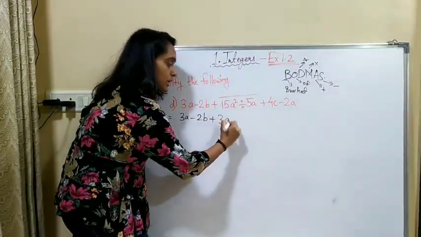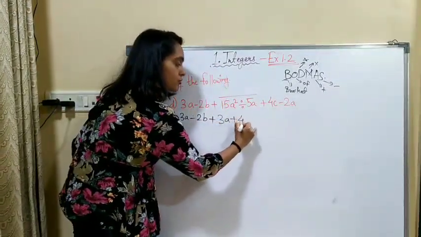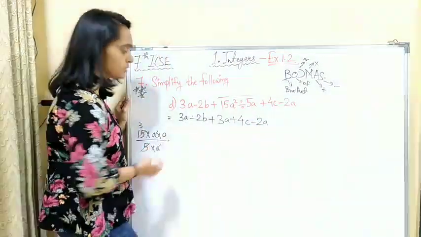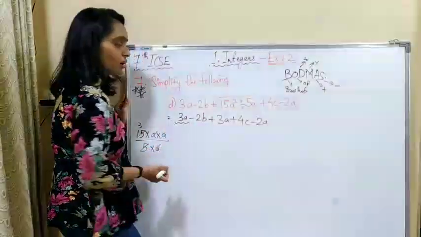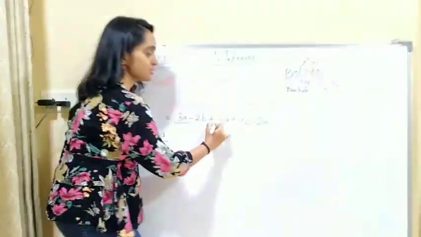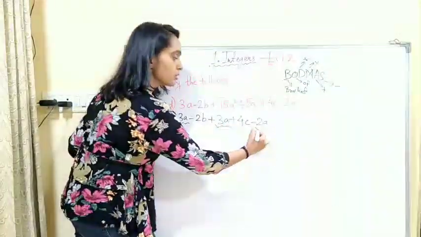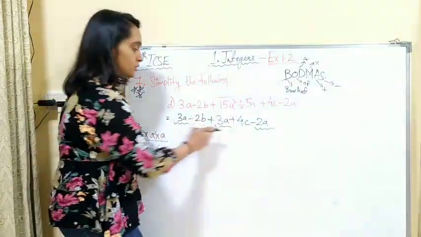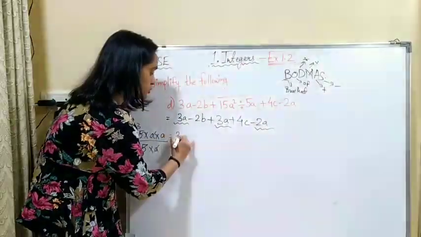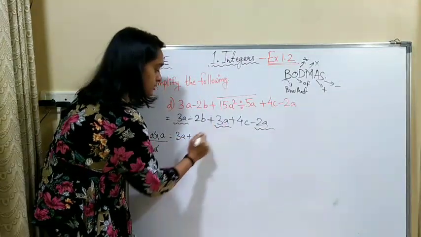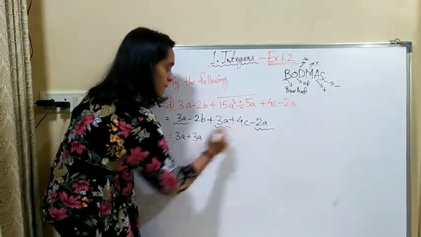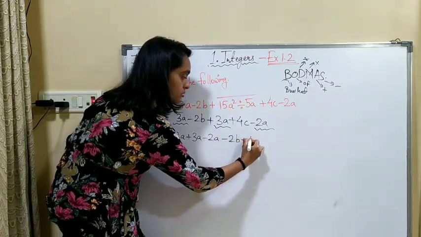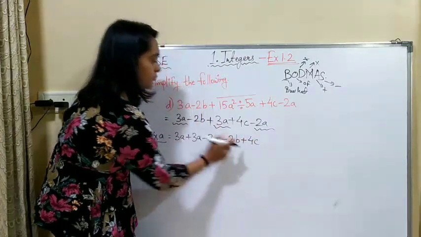So 3a plus 4c minus 2a. Now it is simple. You have to add all the like terms as you have variables here. So a is the only like term here. So 3a plus 3a minus 2a minus 2b plus 4c.